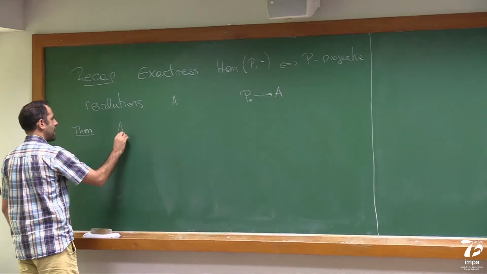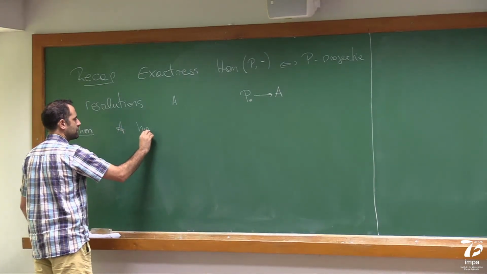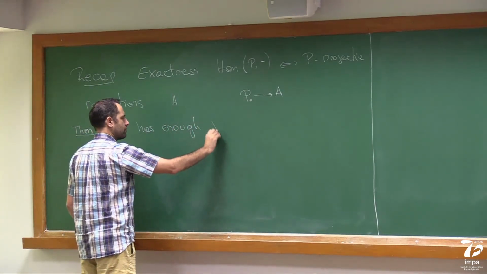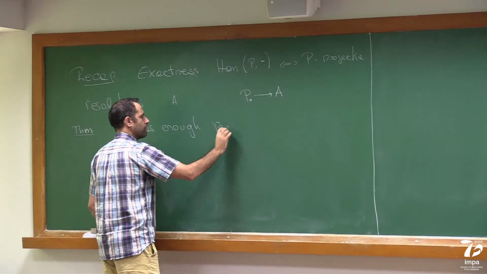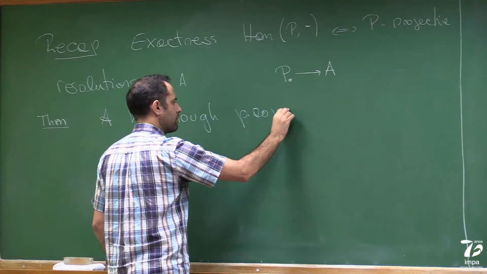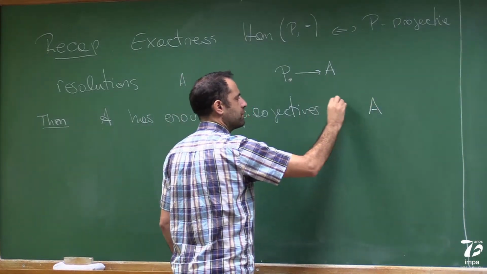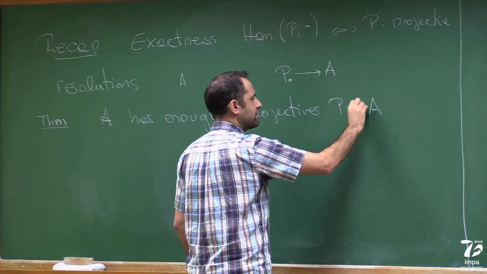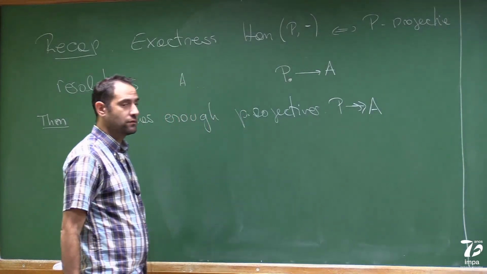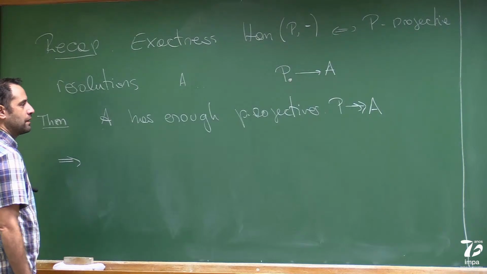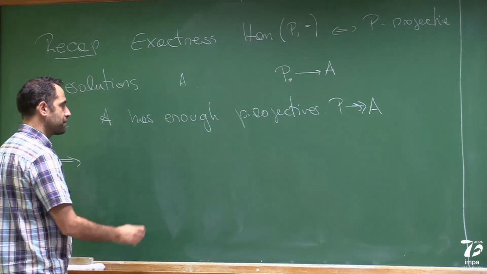If the category has enough projectives, that means for every object A, there exists a projective object in the category and a surjection to A, then we can construct resolutions.